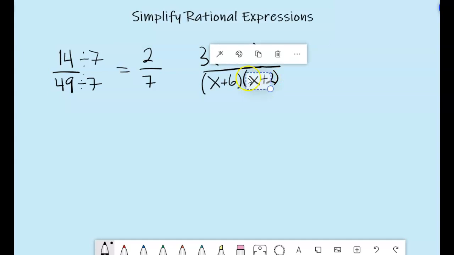So that means it will turn into 1. It will cross out because it's 1, leaving us with only 3 at the top.